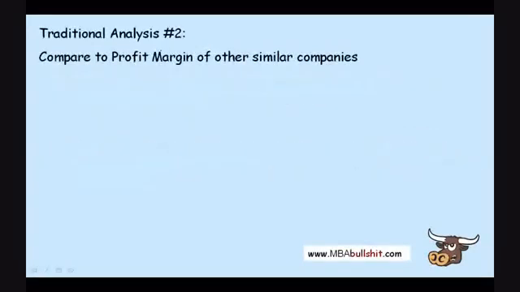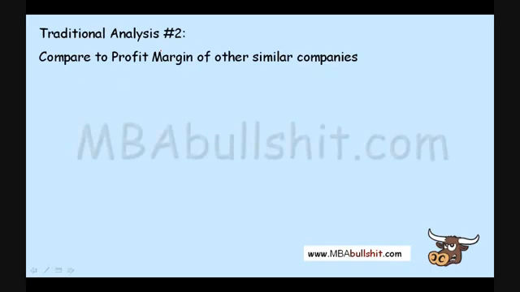The next thing you do in traditional analysis of financial ratios is to compare the profit margin to other similar companies. Now, I stress similar companies because it's useless to compare the profit margin of Walmart to, for example, a car company like Ferrari.